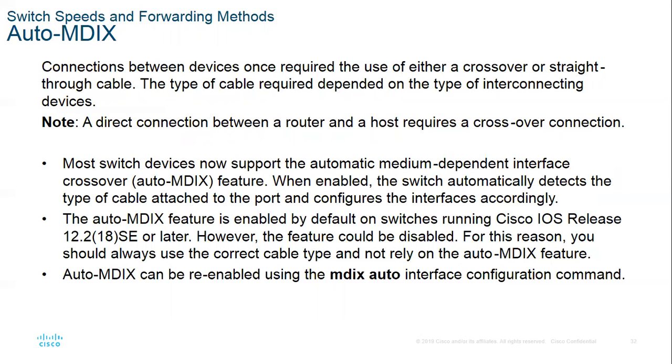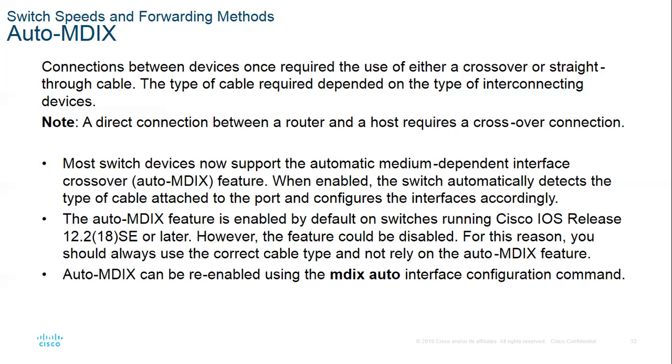So when you connect a host, a machine, or a laptop to a switch, you are connecting a DTE to a DCE, where the switch is a DCE and the host is a DTE. You can rely on a straight-through cable. While connecting two switches back to back, these two switches are DCE, so you need to use a crossover cable.